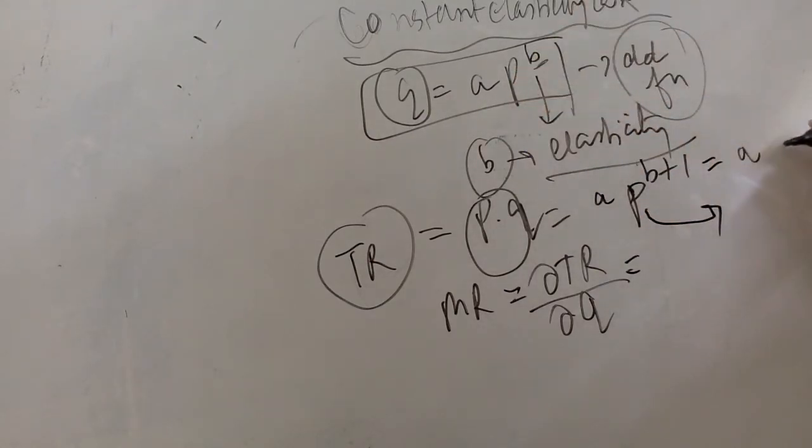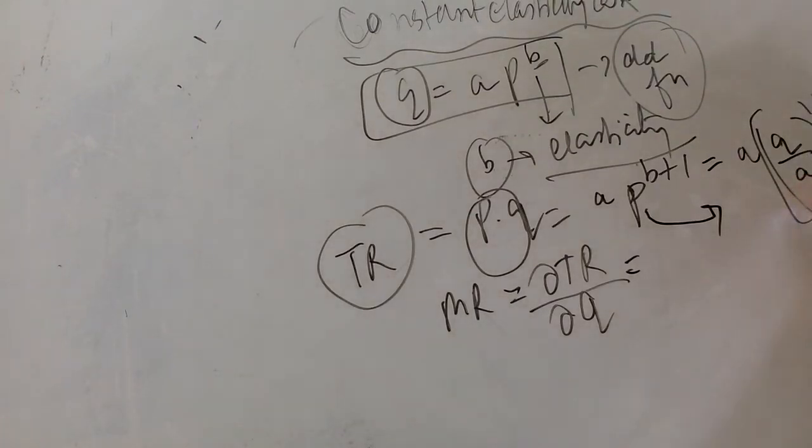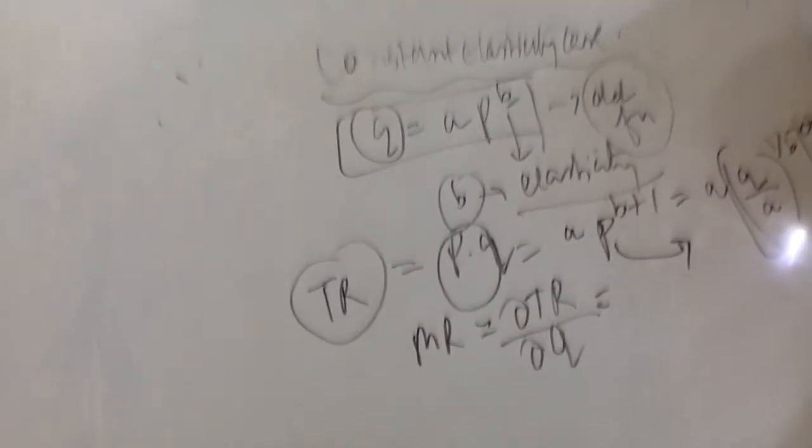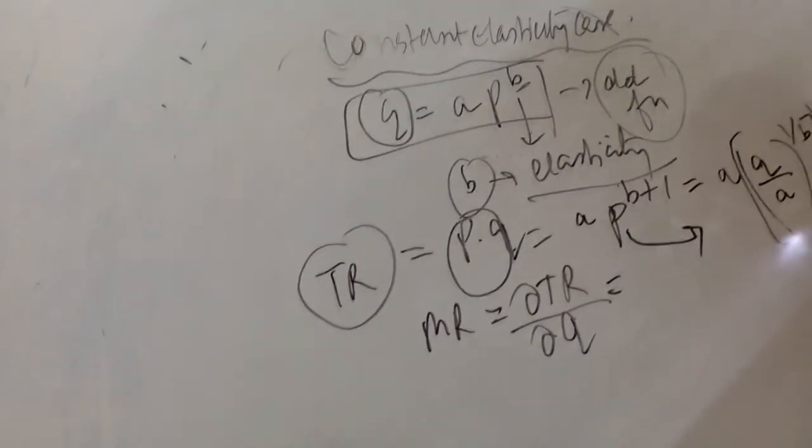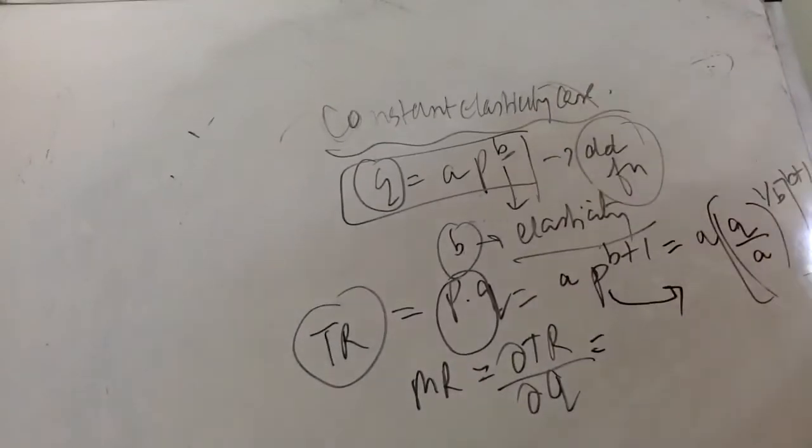If I put it, it becomes Q by A times 1 by B. This is my value of P, whole power B plus 1. Okay, so just take this value of total revenue we have computed, and after this you compute MR.